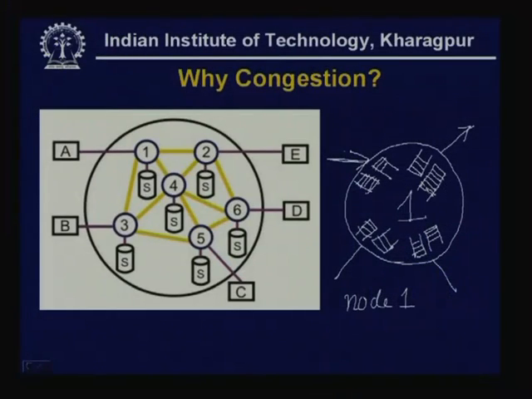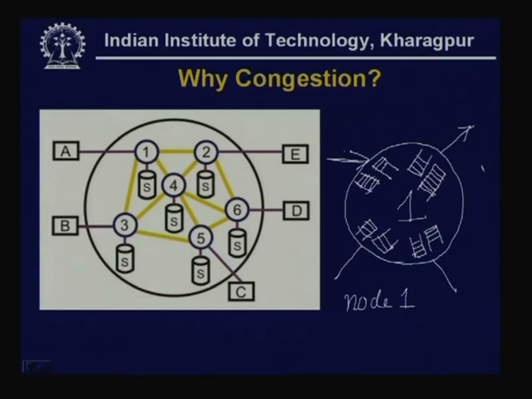As a consequence, delay increases significantly, and then the source node, after waiting for some time, does not get an acknowledgement. As a consequence, it retransmits the same packet, which in turn also increases the load of the network. So these 2 things happen, and as a result, whenever the packets do not get delivered and delay increases to a large extent, then we say that congestion occurs.